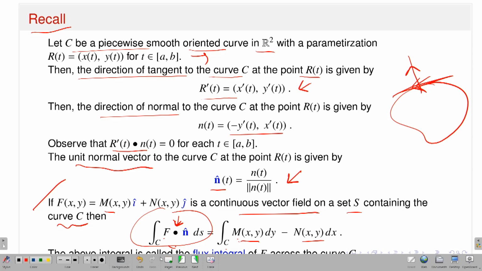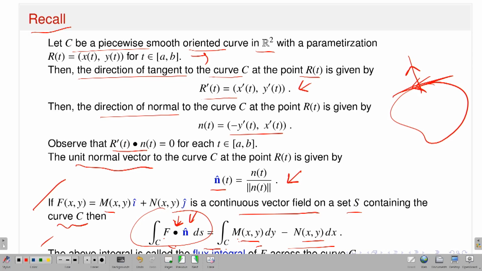The above integral is called the flux integral of capital F across the curve C. That is the kind of physical implication. I think I have discussed that part when I talked about the scalar line integral and vector line integral.